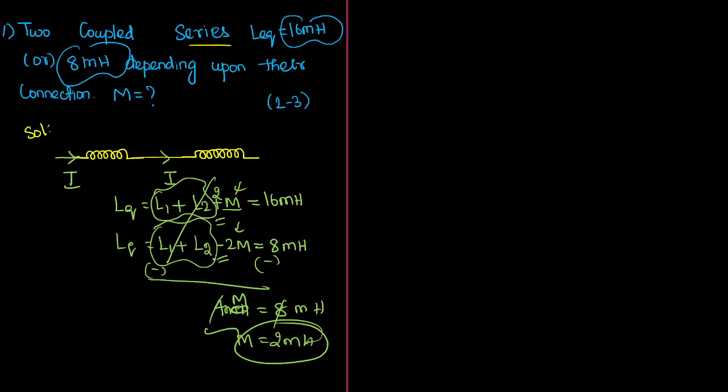Once you know the value of mutual inductance, you can resubstitute that value here. Now you can again resolve the equation in order to know the value of L1 and L2. We found the value of mutual inductance is 2 millihenry. So the first equation will become L1 plus L2 plus 2 times 2 millihenry, which is 4 millihenry, equal to 16 millihenry.